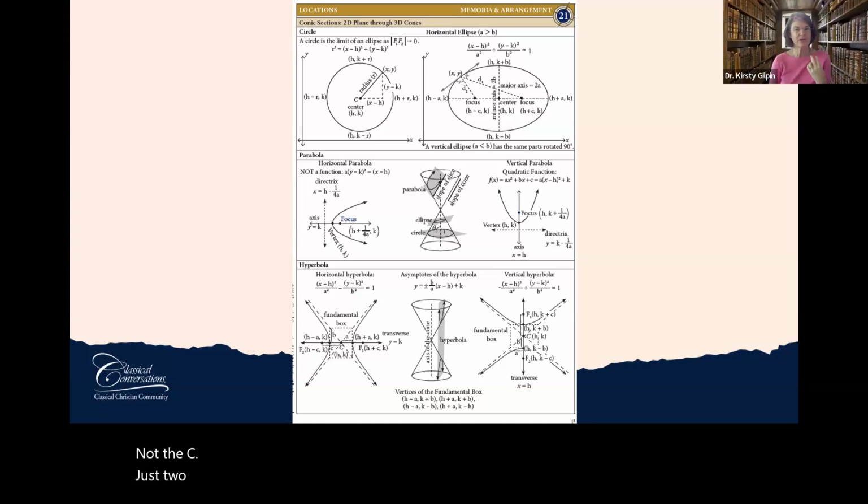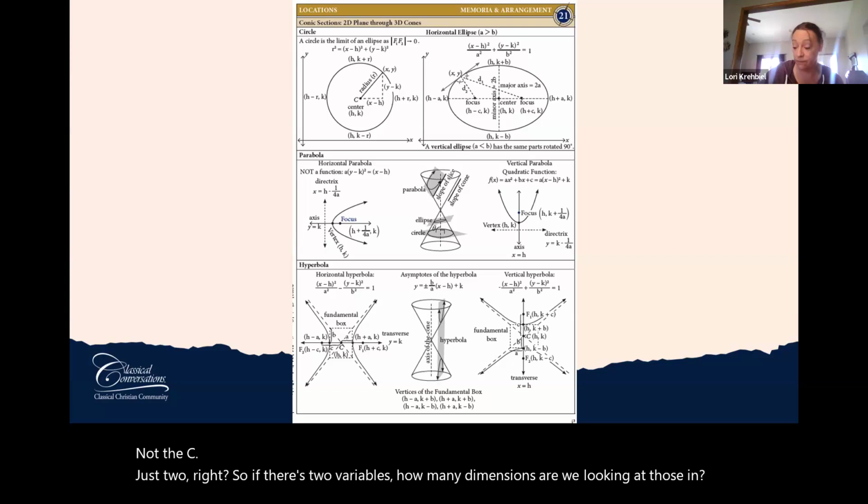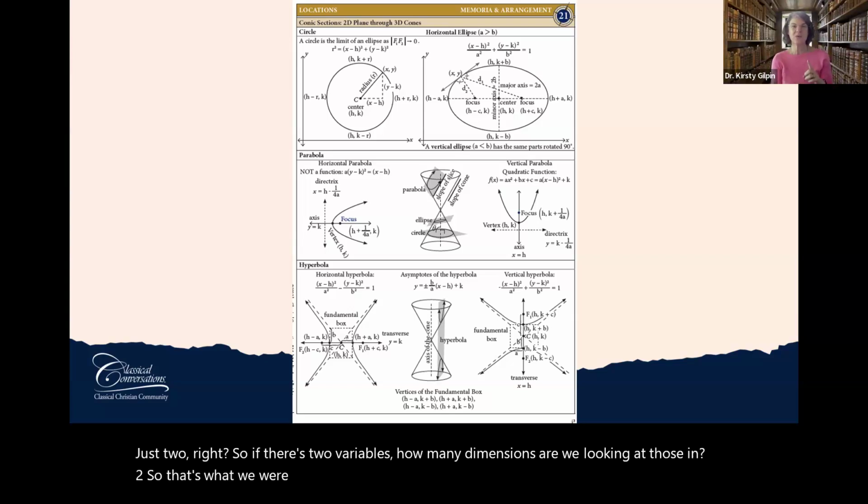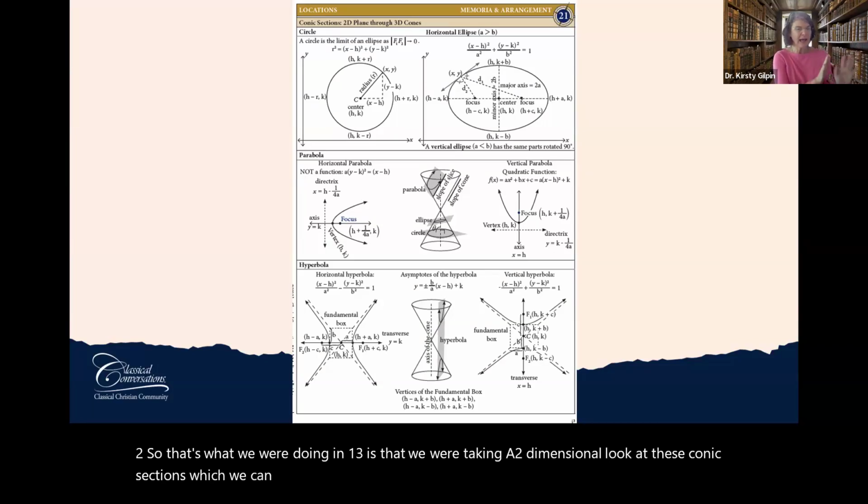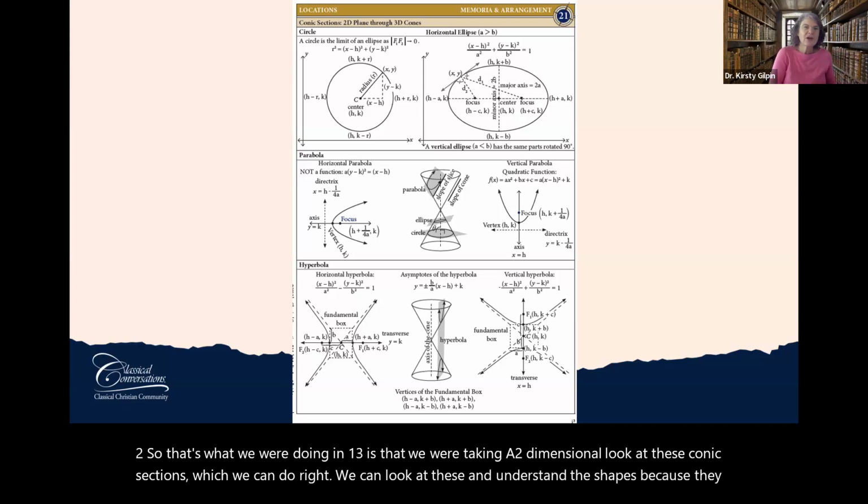If there's two variables, how many dimensions are we looking at those in? Two. So that's what we were doing in 13: taking a two-dimensional look at these conic sections, which we can do because they are two-dimensional.